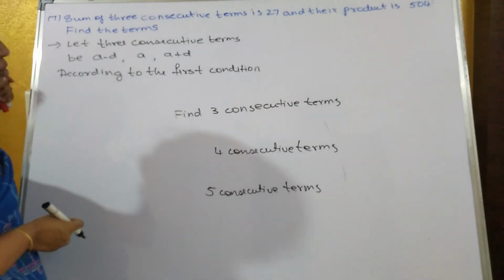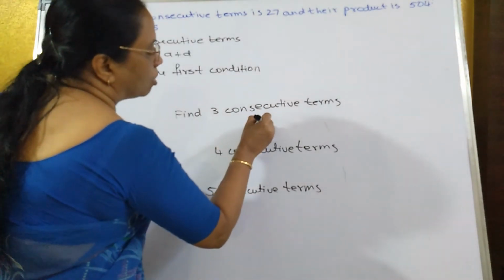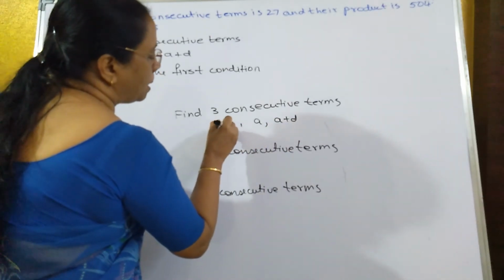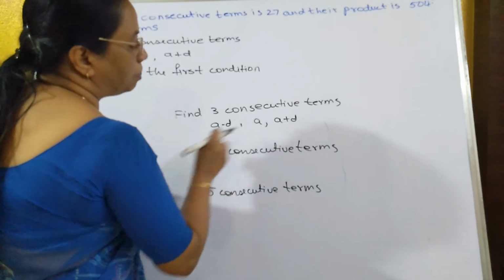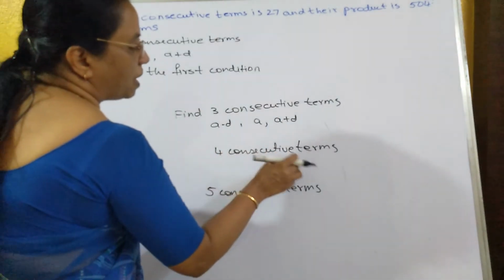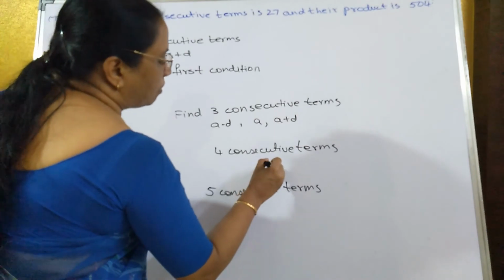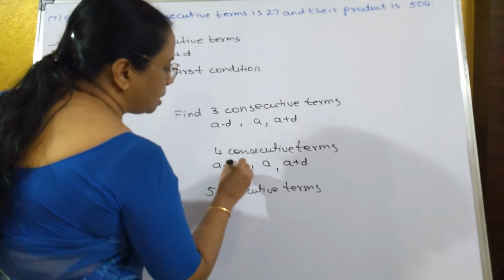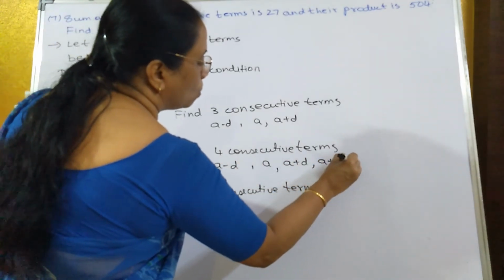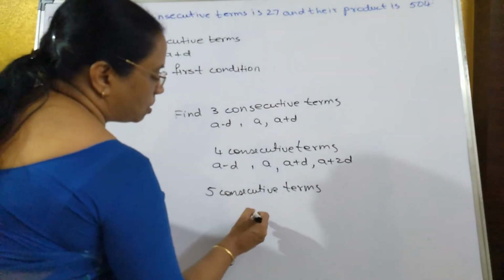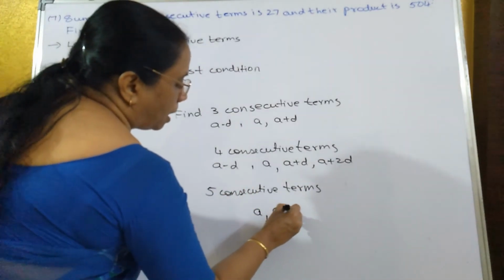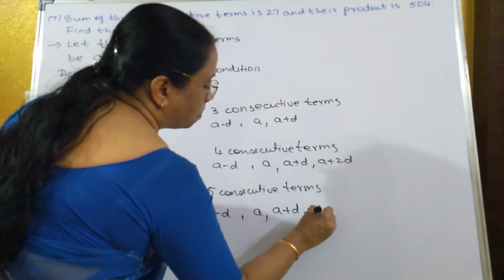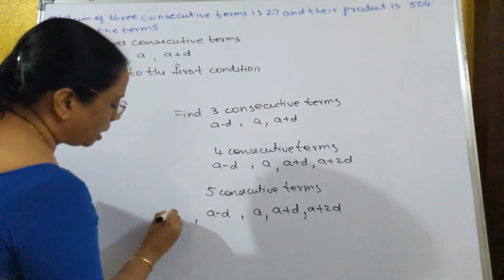If they ask you to find three consecutive terms, we take them as A minus D, A and A plus D. Similarly, if they ask four consecutive terms, we take A minus D, A plus D, A minus 2D and A plus 2D around the middle. For five consecutive terms, we take A, A plus D, A minus D, A plus 2D, and A minus 2D.